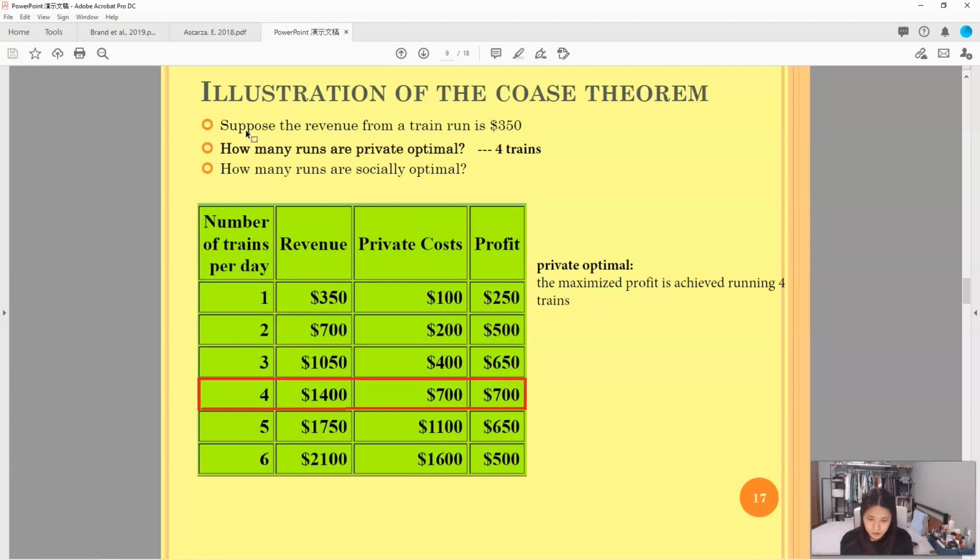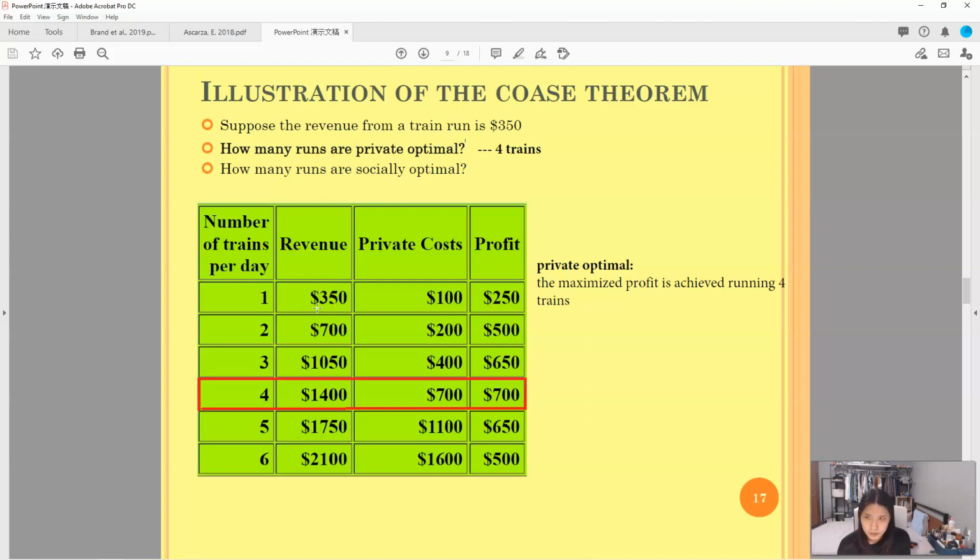From the railway's perspective, they only care about their private cost and their private benefit. They don't really care about the pollution, the crop damages they produced, because that's not their assets, right? So if we want to answer this question, how many runs are private optimal?